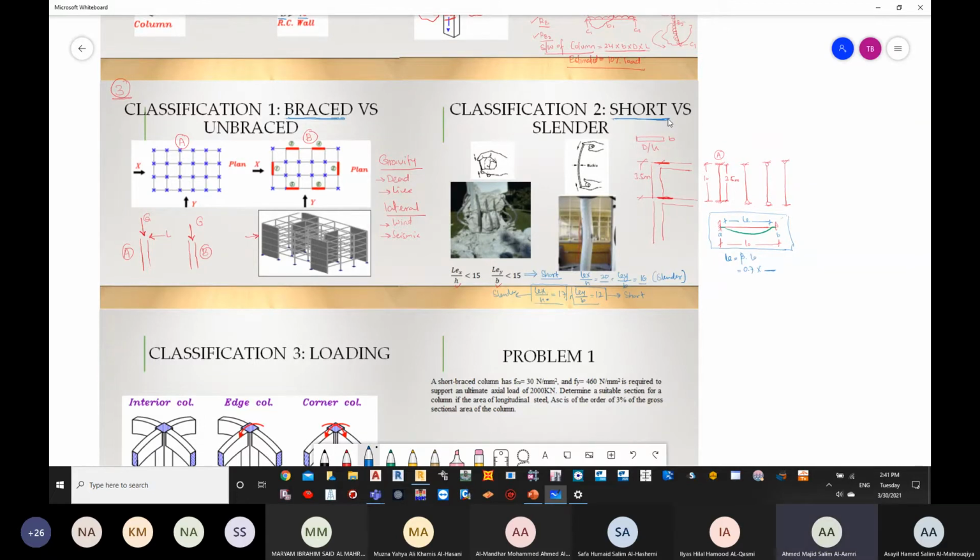Everything that we are going to deal with in this particular course is only the short braced column. We are not going to deal with unbraced columns, and we are not going to deal with the slender case.